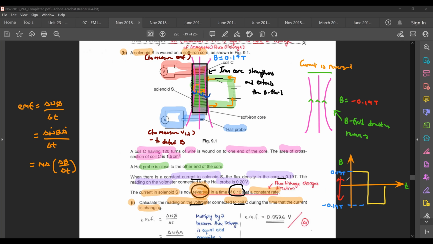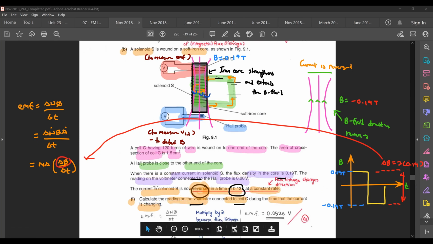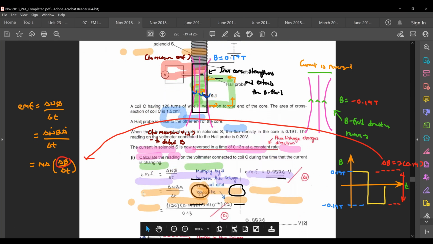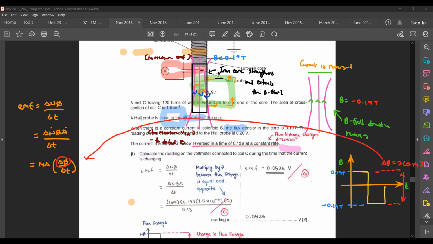Okay, maybe I draw it the other direction. This one here is 2 times 0.19. This is where your 2 came from. I'll just write it here. So this one you will put inside here. So now if you want to put in all your values, this is how it looks.